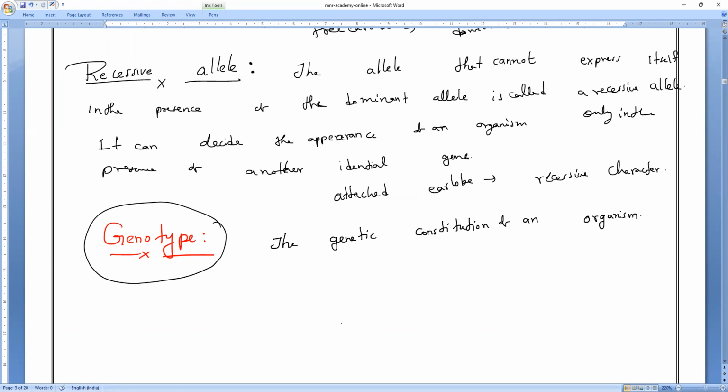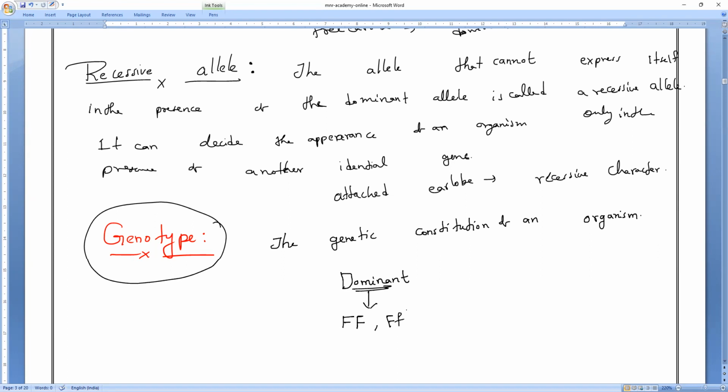Now please remember, note it, everybody: when you hear the word dominant, the only possibilities of genotype are two, whatever the characteristics. Dominant means either both are capital letters or at least one capital letter.